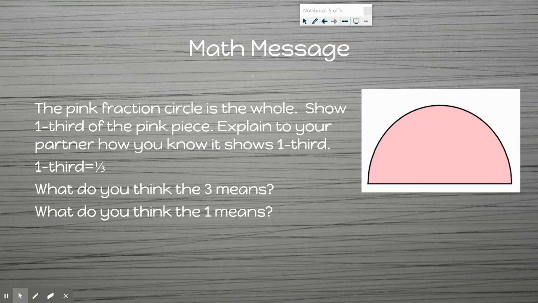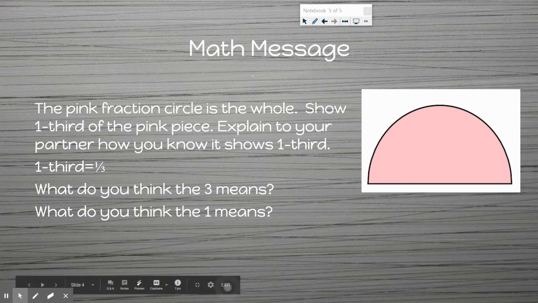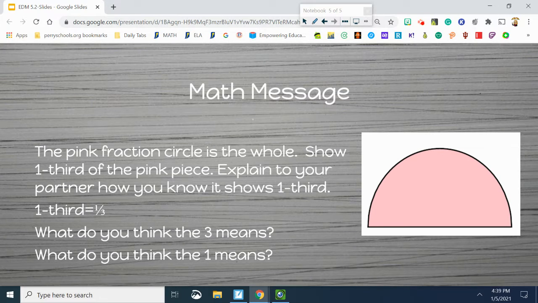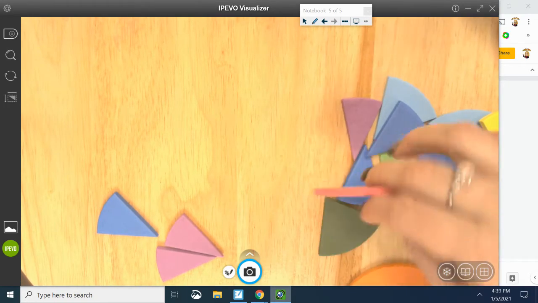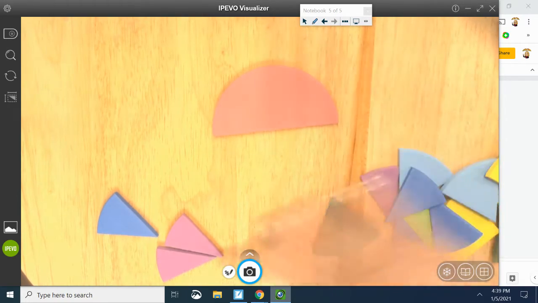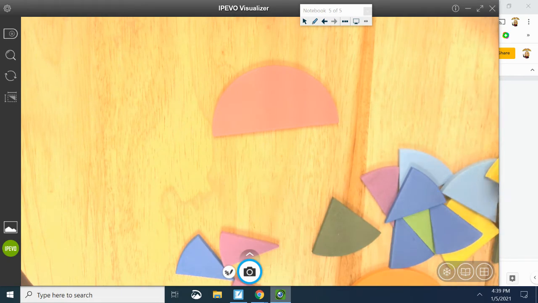All right, so looking at our fraction circles, the pink circle is the whole. You're going to show 1/3 of the pink circle, and we're going to be talking about what 1/3 means, what does the 3 mean, and what does the 1 mean. So as I'm looking at my fraction pieces, I have a pink one right here, and I need to show 1/3.